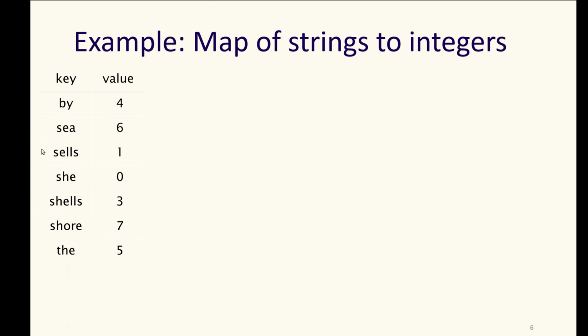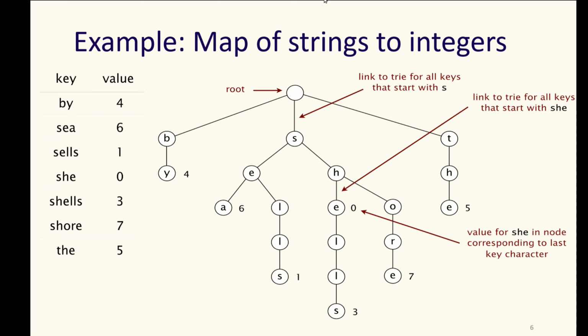She is the first word, sells is the second word, and C appears several times, so the last time it appears is at index 6. So we've got some values, that's really all that matters, and these words can be stored in a trie. If you look at the words, for first letters, there are only 3, B, S for many of the words, and T for the word the.